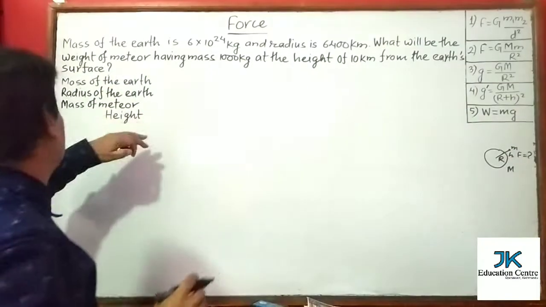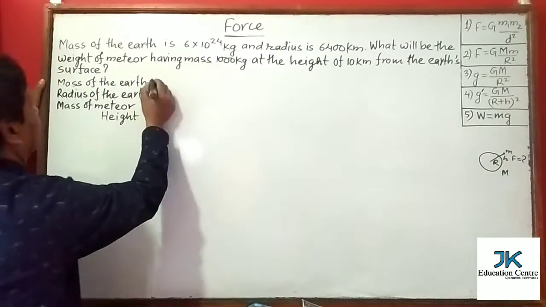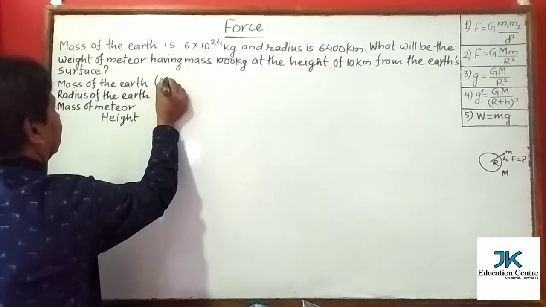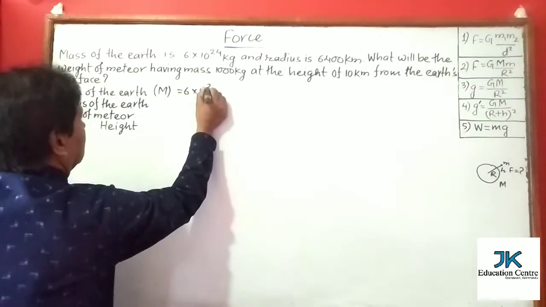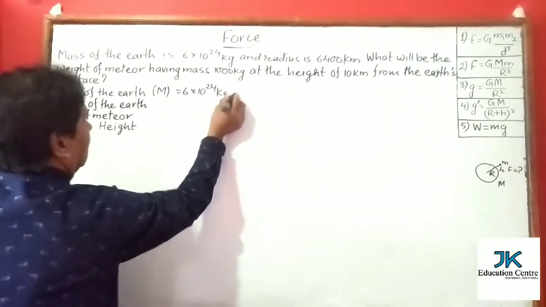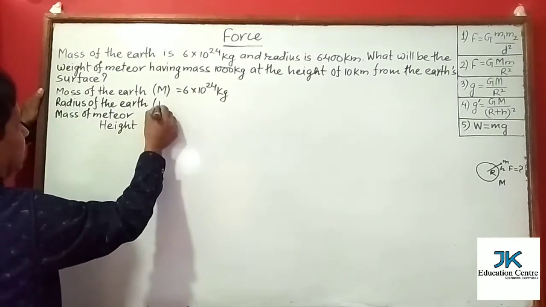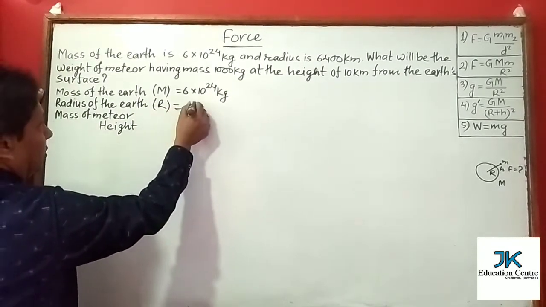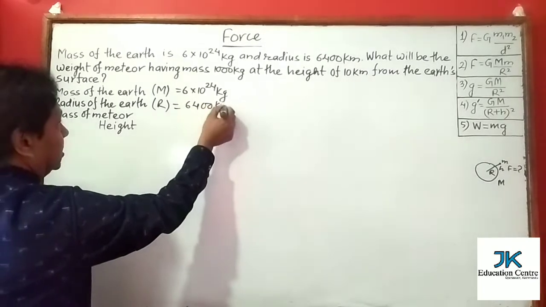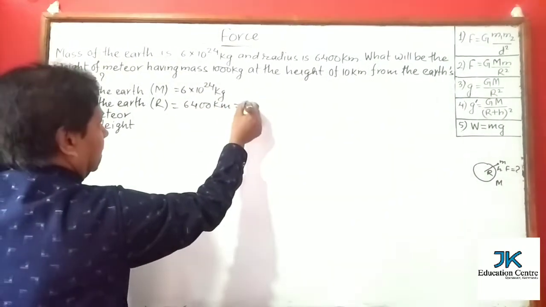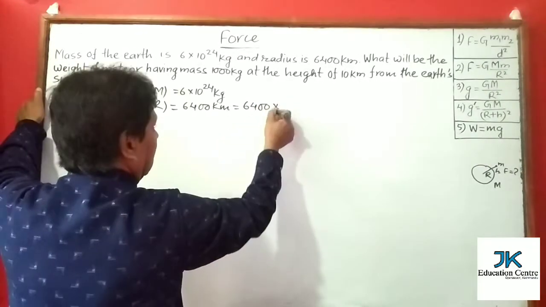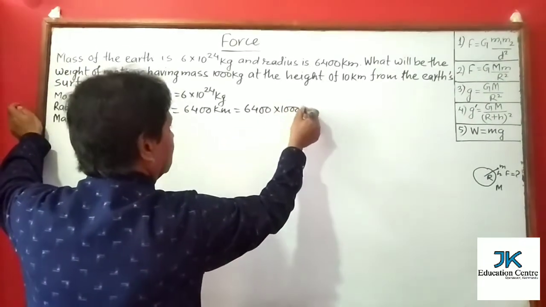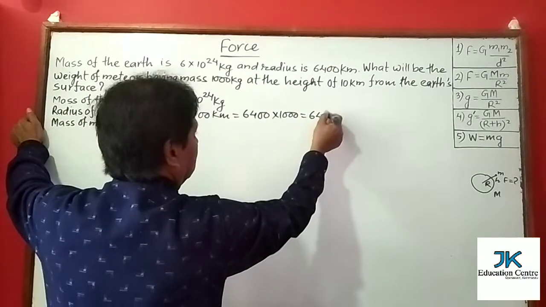I want to write the information. Look at this. Mass of the earth is given, capital M, 6 into 10 to the power 24 kg. And radius is also given, capital R, equal to 6400 kilometer. We have to use the meter SI system, and multiplying it with 1000 it can be converted to meter.